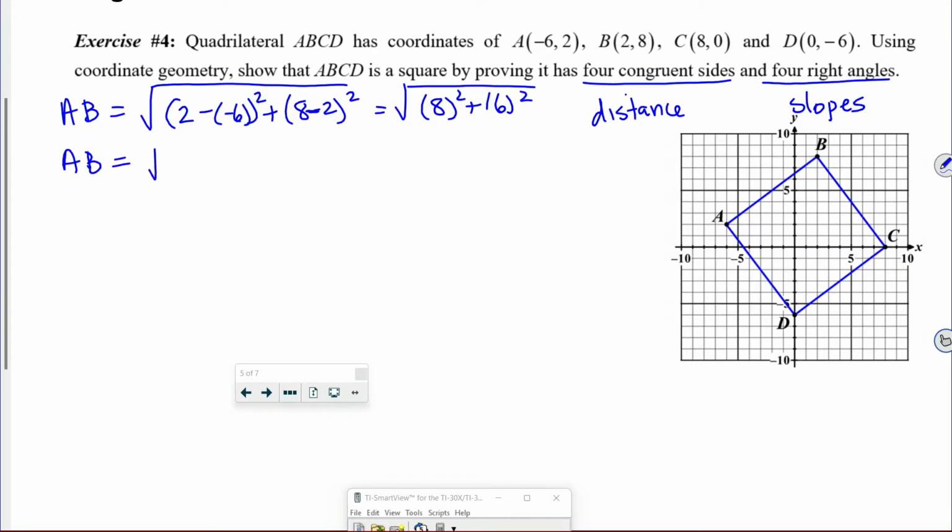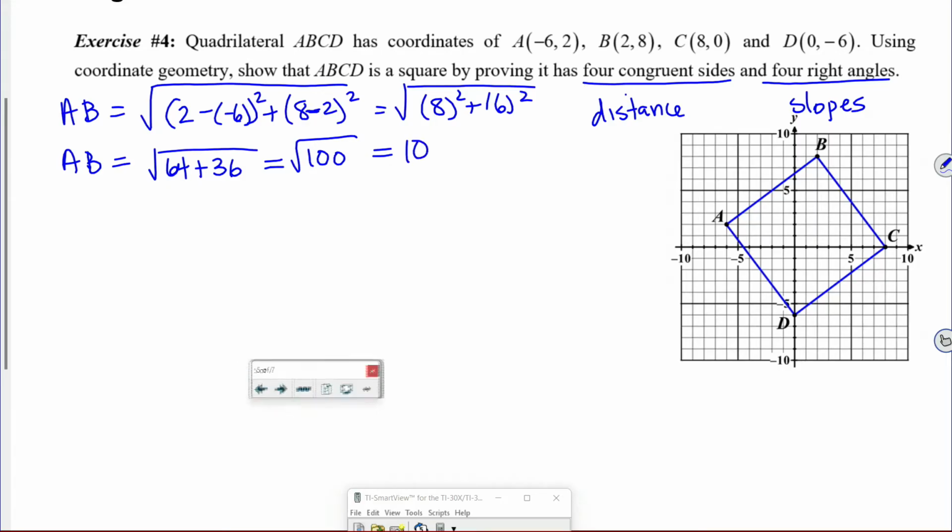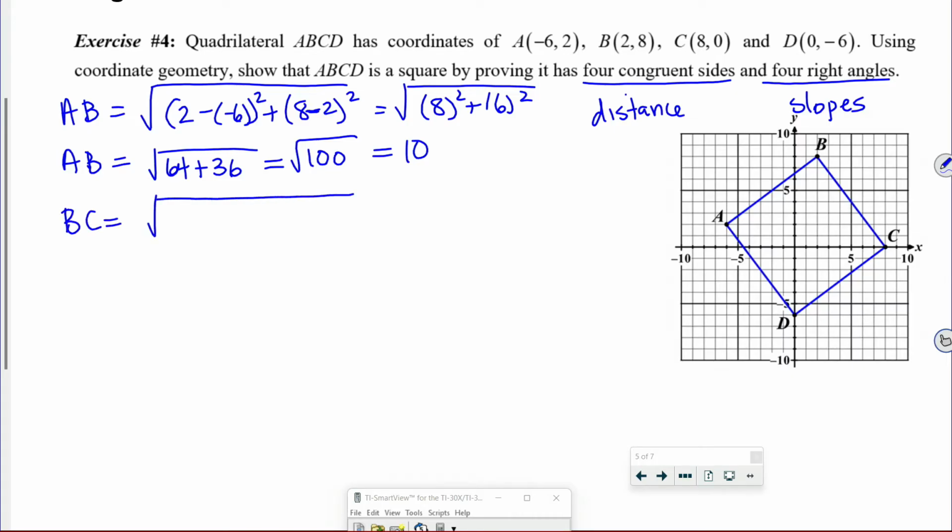So AB is the square root of 64 plus 36, which is the square root of 100, and that's 10. Now I just have to hope that everything else also has a length of 10, otherwise I do not have a square.